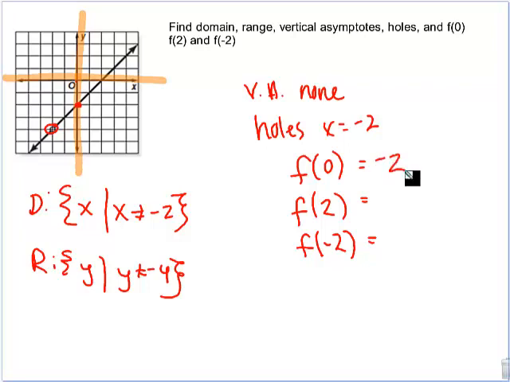I went down 2. Okay, f of 2, so go over to your 2 on your x. Find your graph. Oh, it's right there. So 0. And then f of negative 2. Negative 4. Yep, but there's a hole there, so it can't be negative 4, so we say doesn't exist.